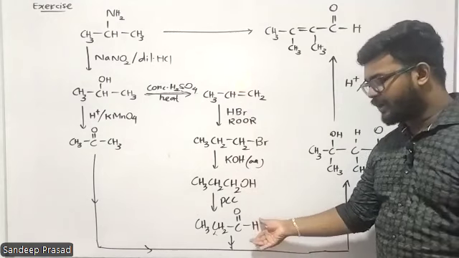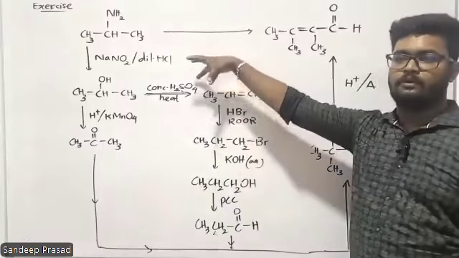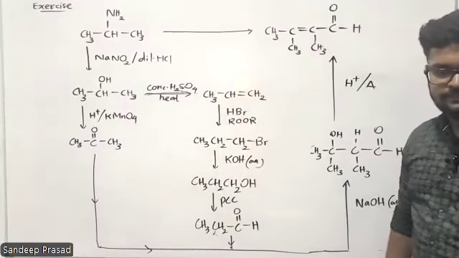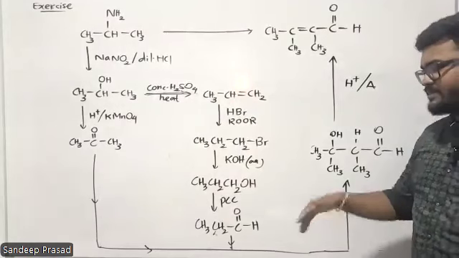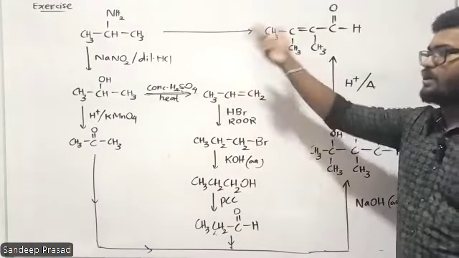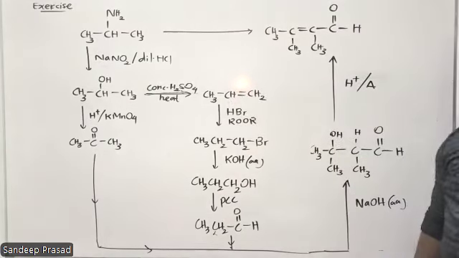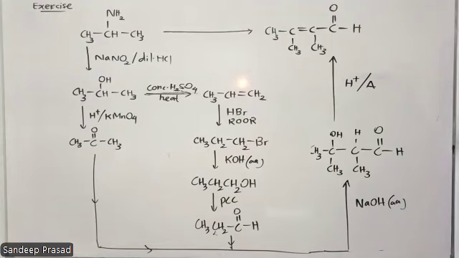But we have to produce this propanal compound in the reaction from the given compound itself. Sometimes they give that kind of conversions. You have to use the given organic compound only. We can't use any other organic compounds from outside. Can you understand? So this is the way that we can do the conversion. Right.